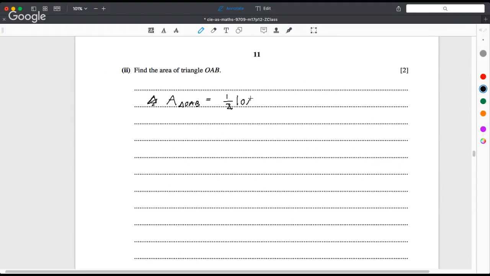Let's say our base is OA. Well, that means that the height is going to be BA sine of theta.